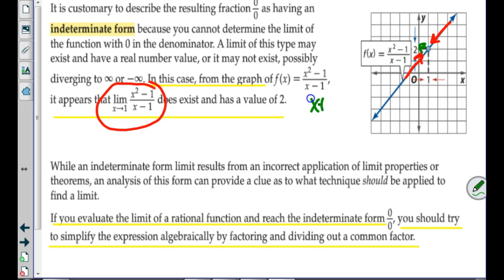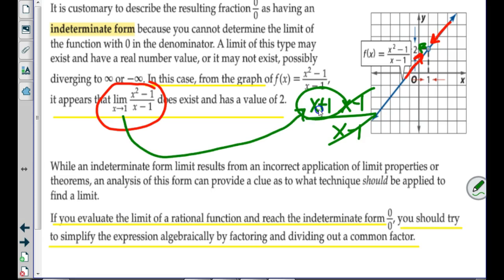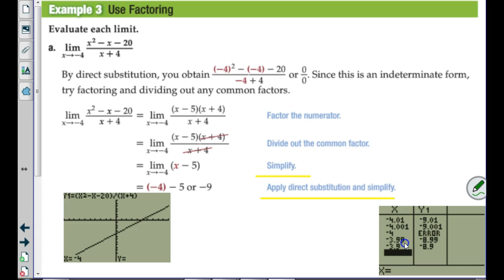If we factored the top, remember I did this yesterday? We could divide out that factor, it leaves this, and then we were finding the limit at 1, so if we put a 1 into the remainder here, 1 plus 1 would give us a limit of 2. So if you evaluate the limit of a rational function and reach 0 over 0, you should try to simplify by factoring and divide out the common factor. Okay, so we're good with that.